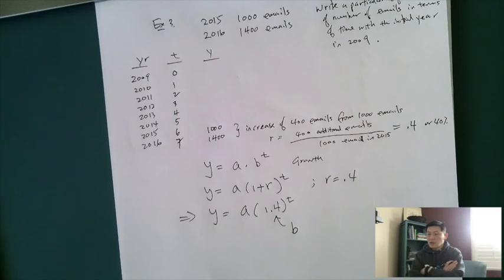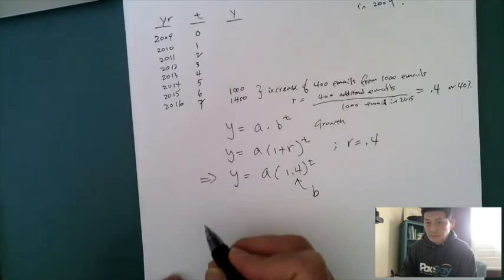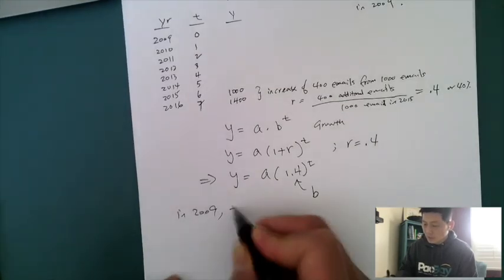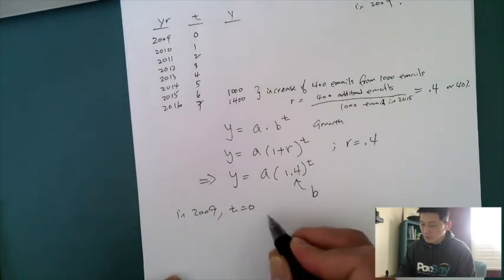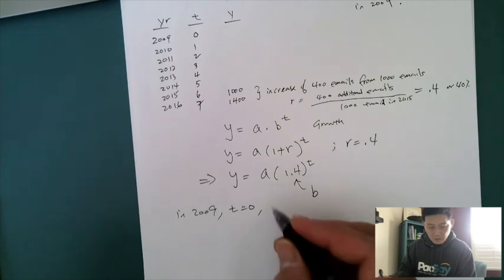And we want a to be going all the way back to 2009. So in 2009, which means t is equal to 0, we want to figure out what y is. Right.